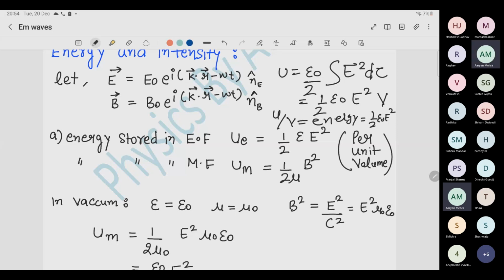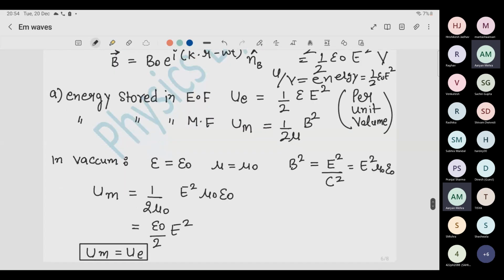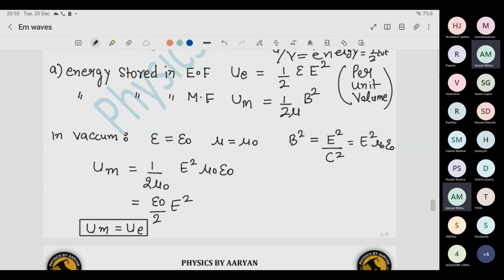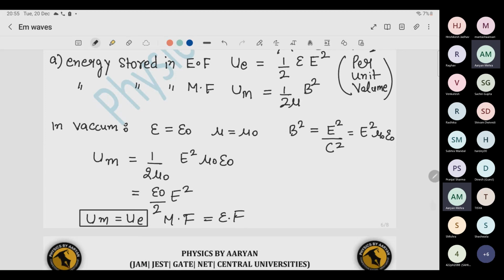Similarly, the energy stored in a magnetic field is 1 by 2 nu B square. Now, if it is free space or vacuum, epsilon is epsilon naught, nu is nu naught, and B, as I have already told, is E by C, and C square is 1 by nu naught epsilon. Doing all that mathematics, you find that in vacuum only, not in any other material, the energy stored in the magnetic field and in the electric field is equal, which that person already asked about.